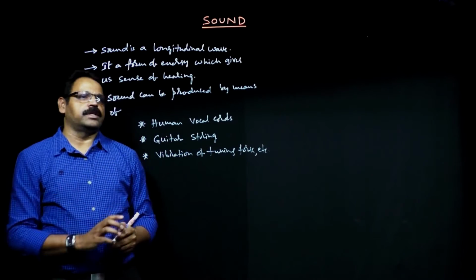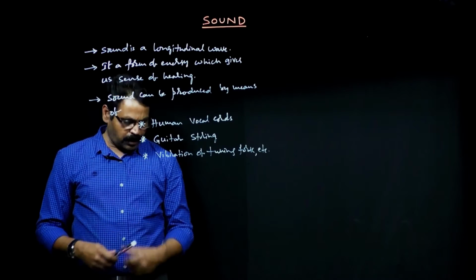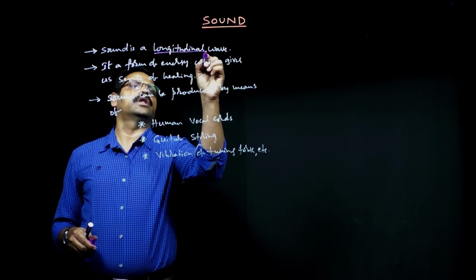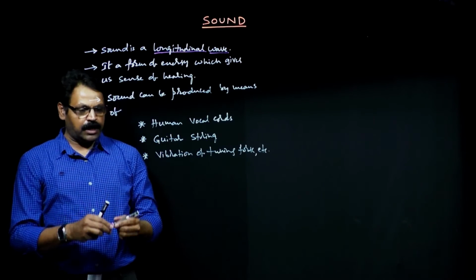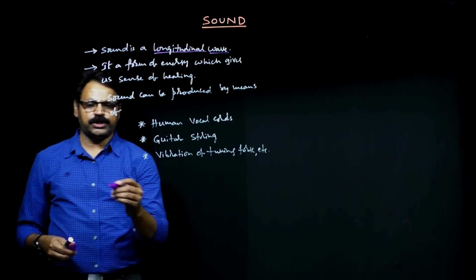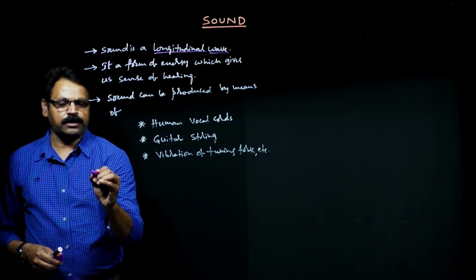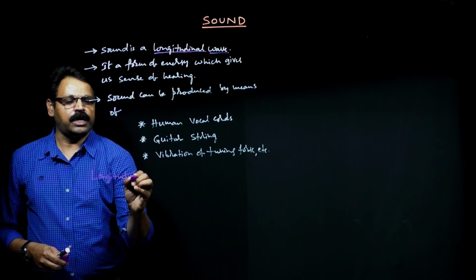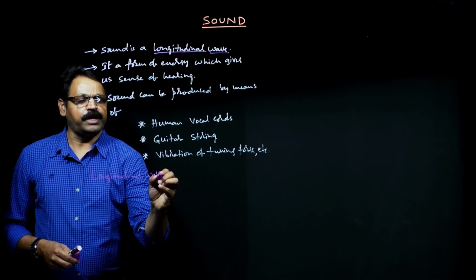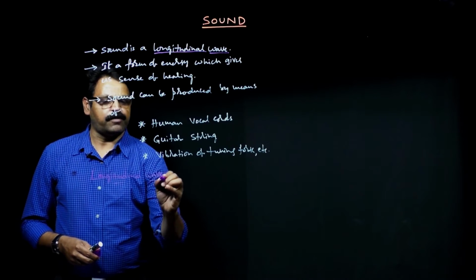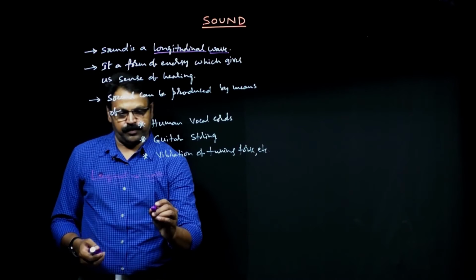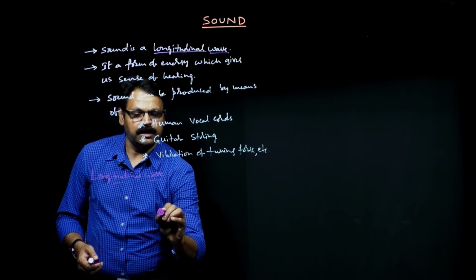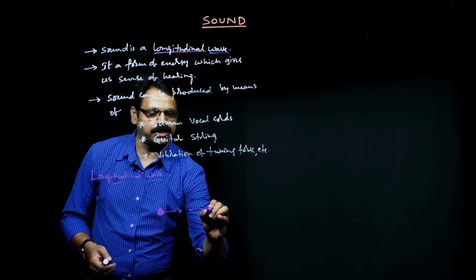How does this sound travel? What does it mean by a longitudinal wave? We need the definition of a longitudinal wave here. Whenever a wave is traveling from one point to another, for example a disturbance is created over here, the wave propagates in this direction.